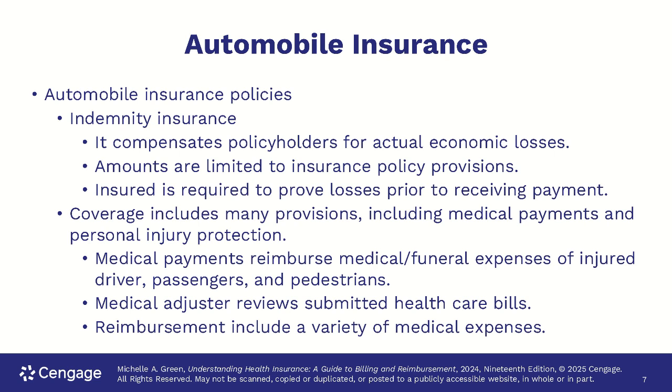The automobile policy is a contract between the individual and the insurance company, whereby you, as the driver, pay a premium. In exchange, the insurance company agrees to pay for specific car related financial losses during the term of the policy. So I know some of you are thinking, yeah, they got to have active coverage.